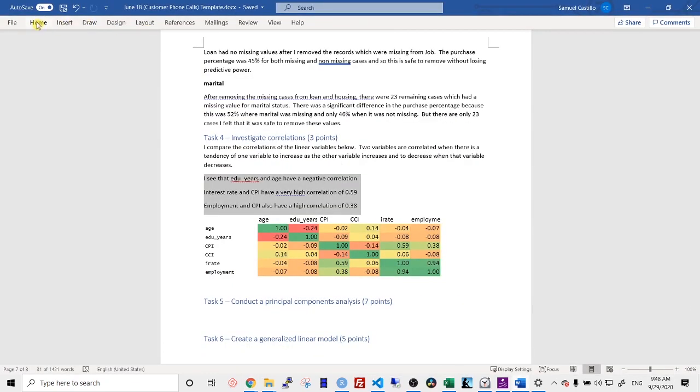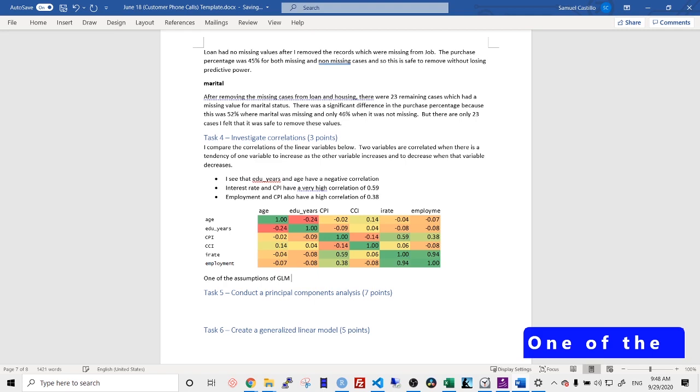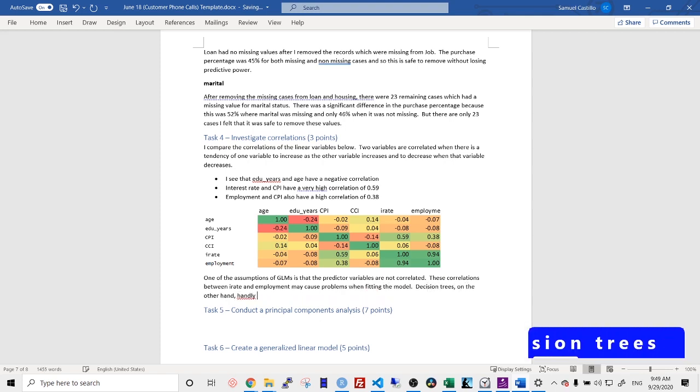So what are the assumptions of a GLM? One of the assumptions is that the predictor variables are not correlated. These correlations between I-rate and employment may cause problems when fitting the model. Decision trees, on the other hand, handle correlations well and would not be impacted.